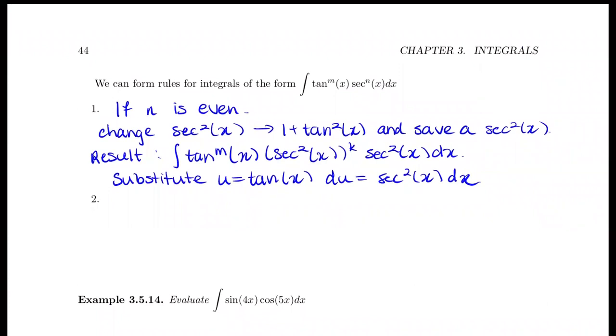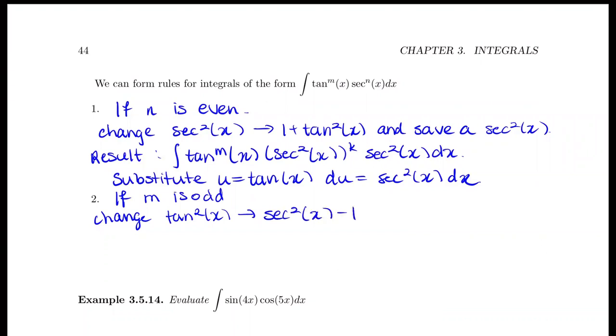All right. And as for the second case, we're going to assume that m is odd. So if m is odd, we're going to change the tan squared of x here all the way to a secant squared of x minus 1, and we're going to save a secant x tan x.